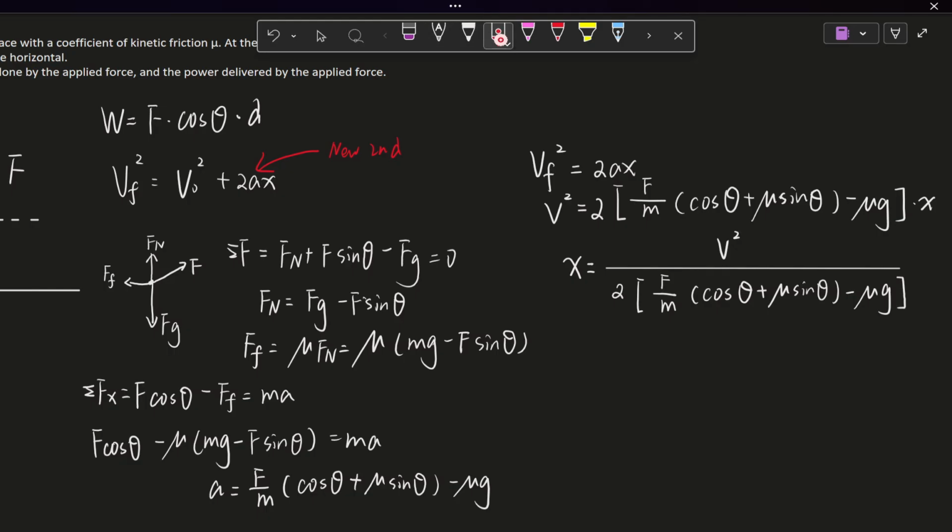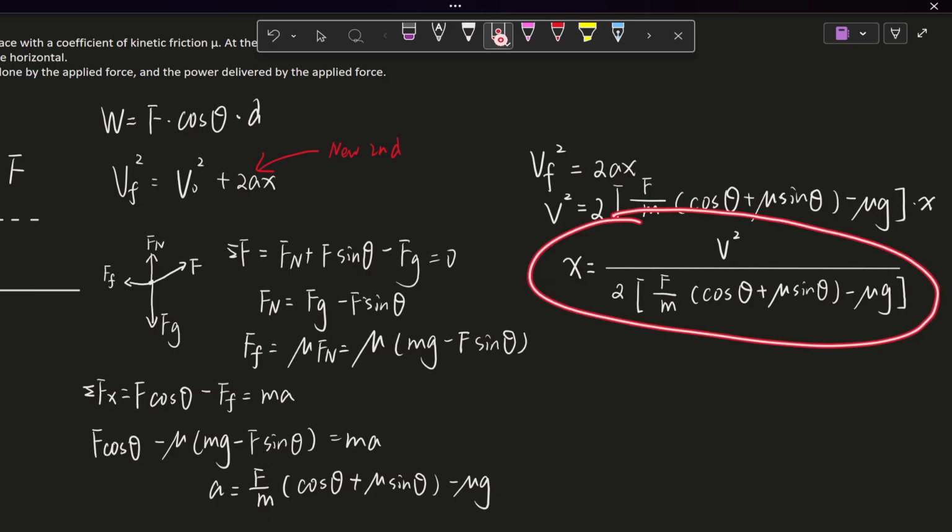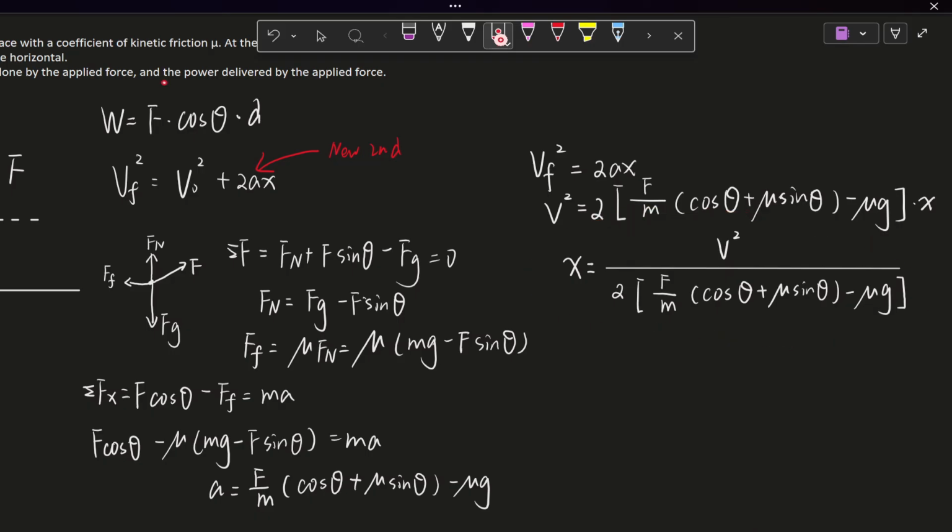And now we already find the expression for the displacement. So we only need to multiply it by F times cosine theta, which will get the final answer.